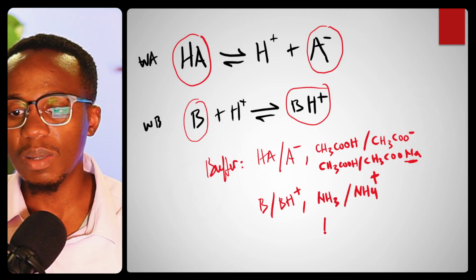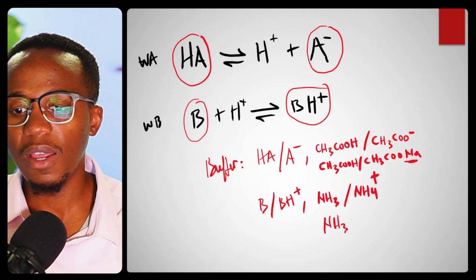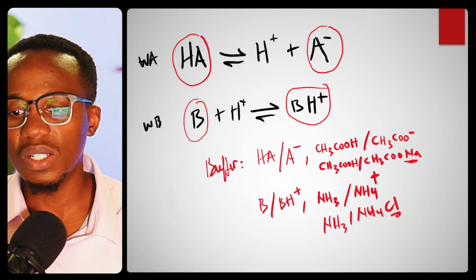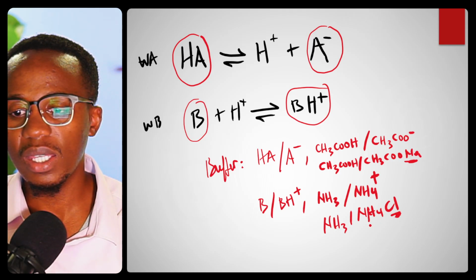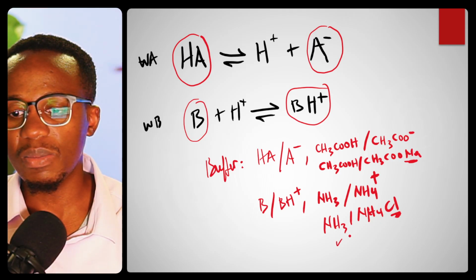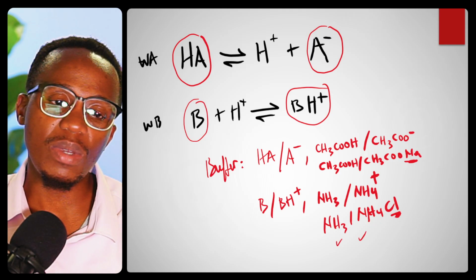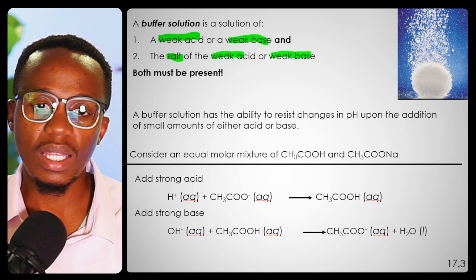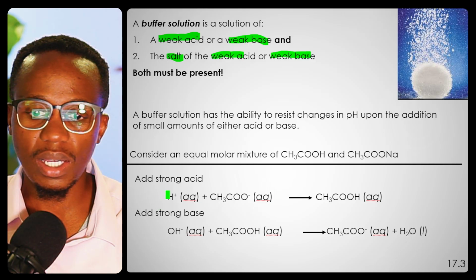Or sometimes this one is going to be NH3 and then NH4Cl, because NH4 is not by itself to begin with. It's still a buffer system. So a buffer system will have those two pairs. Very important to remember.